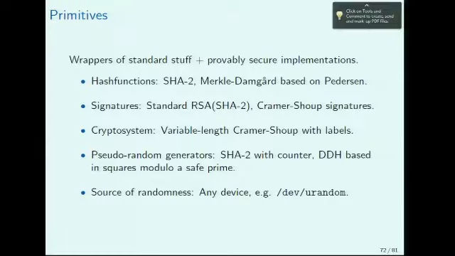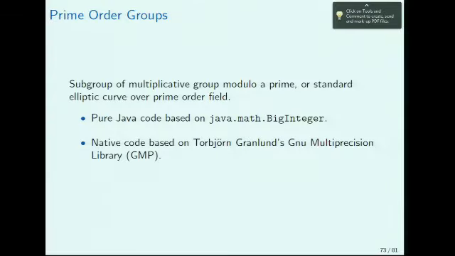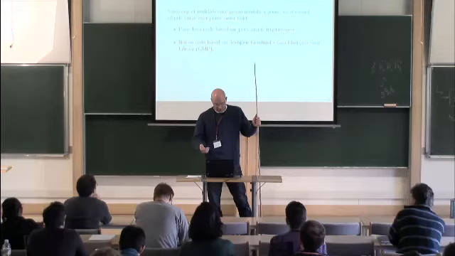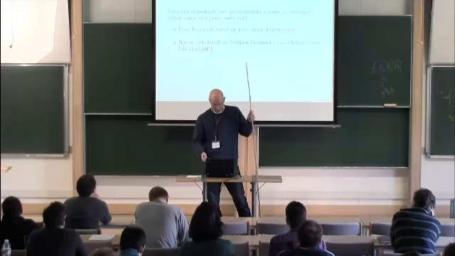And then we implemented provably secure primitives to walk the righteous path. That's part of the project. So we have Merkle-Damgård and Cramer-Shoup signatures and so on. Yeah, maybe I don't have to say much about this. And groups, there are two types of groups. We have the modular groups and we have the elliptic curve groups.